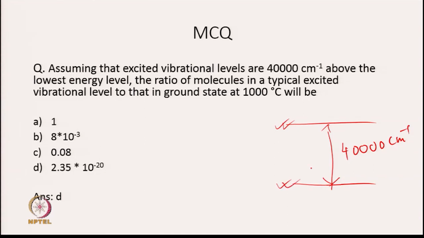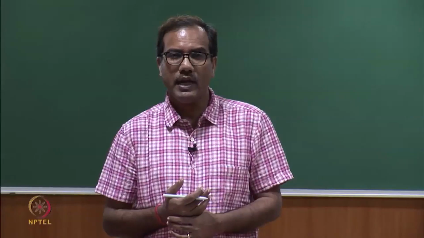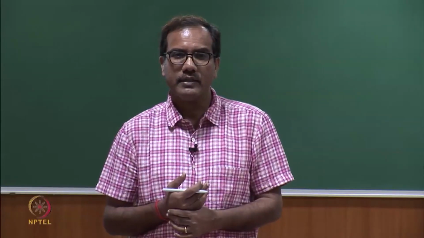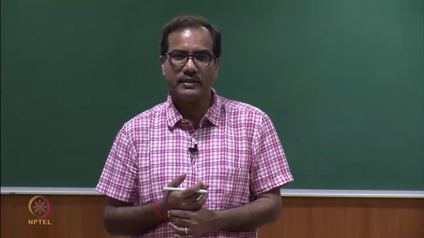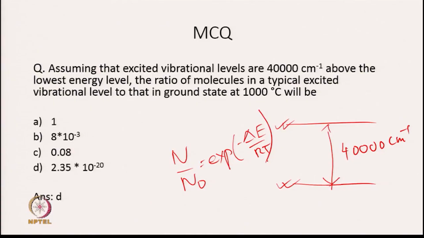Again we will calculate by the same formula, the Boltzmann distribution law, n by n naught is equal to exponential minus delta E by kT. Here the temperature is 1000 degrees Celsius, you must convert this to Kelvin, and when you do that you will get the answer 2.35 into 10 to the power minus 20.